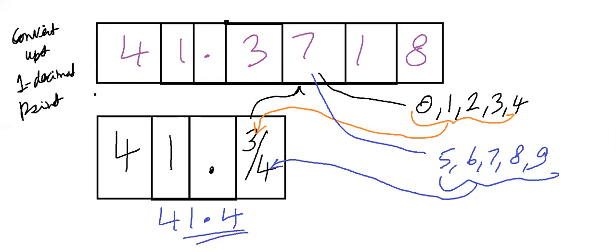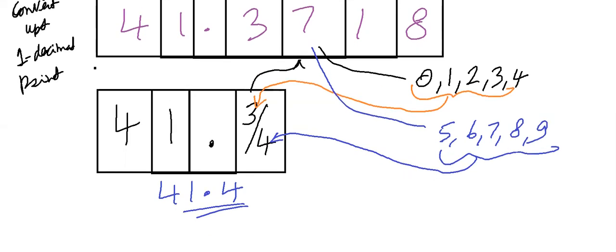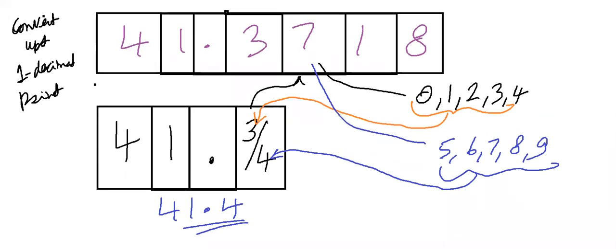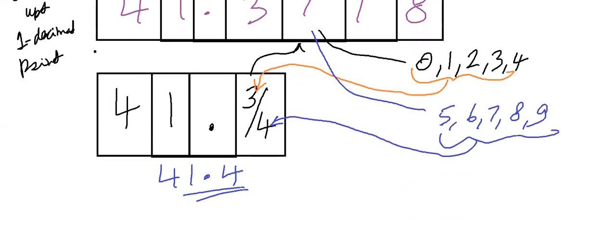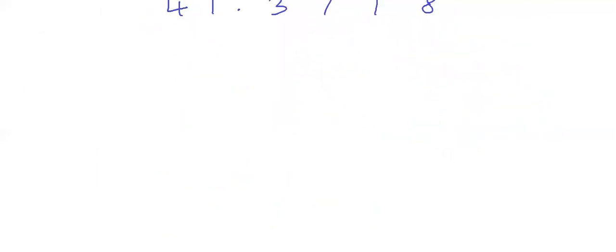Understood? Yes. Now I want to convert the same number to what? To a whole number. Okay. So my number is 41.3718. I want to convert this number to a whole number.